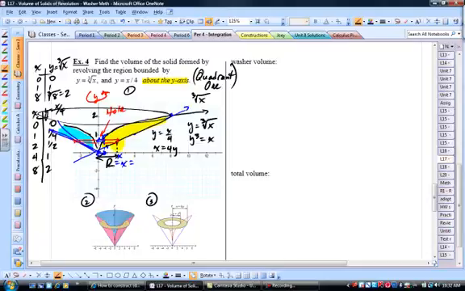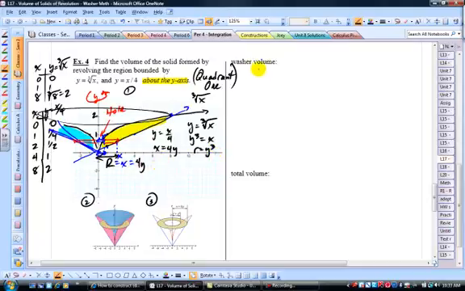So my big radius is found by taking a look at the x value on my linear function, and that's going to be equal to 4y. The inner radius is found by looking at whatever x is on my cube root function, and that's going to be y cubed. So my little r is going to be equal to y cubed, and my big R is going to be equal to 4y.